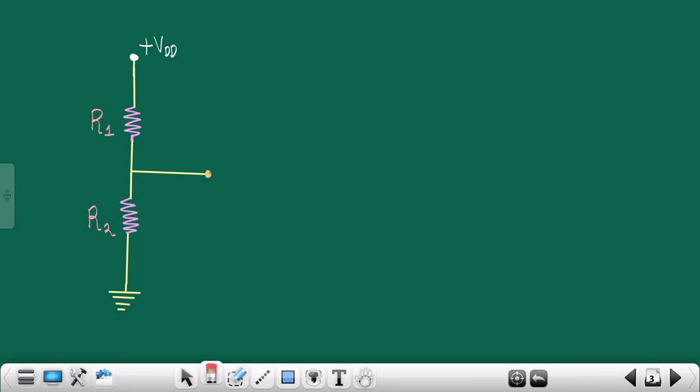So this is the voltage VG, and we all know that VG is equivalent to VDD, that means the source voltage VDD, into R2 upon R1 plus R2.